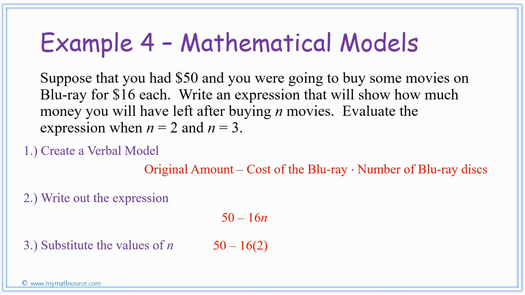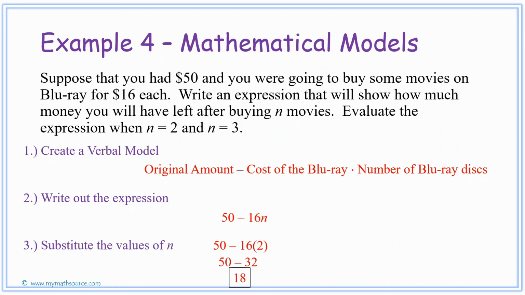And remember, 16 times 2 is going to give 32. You do the multiplication first. And 50 subtract 32 is going to give us an easy answer of 18. All right, so that means my answer would be 18 for how much money I have left.